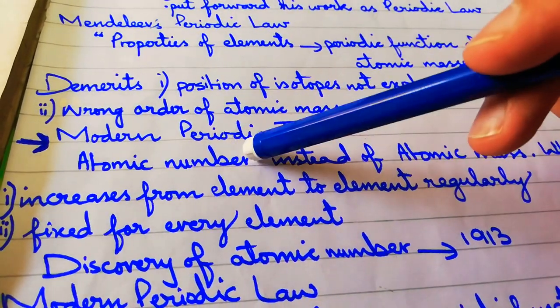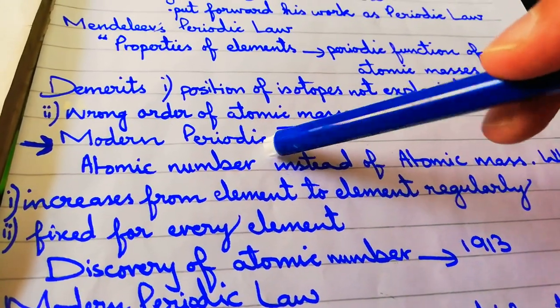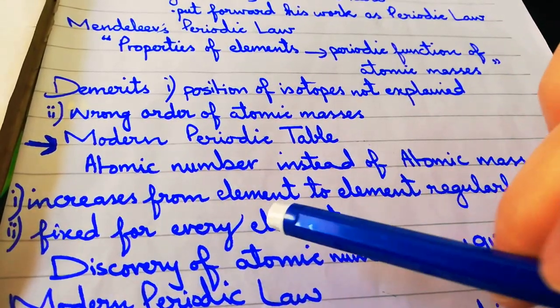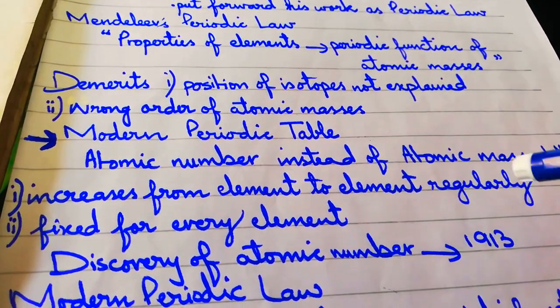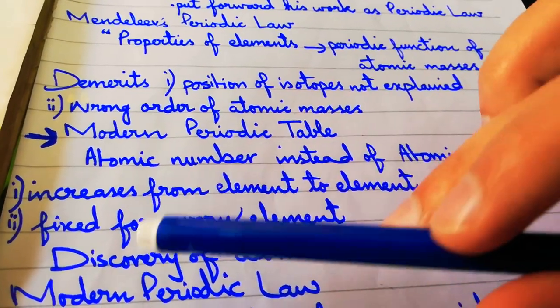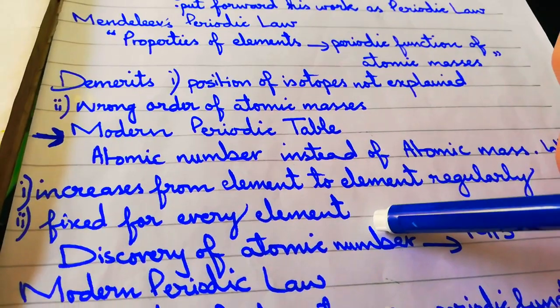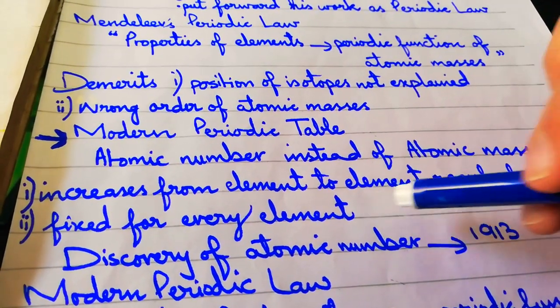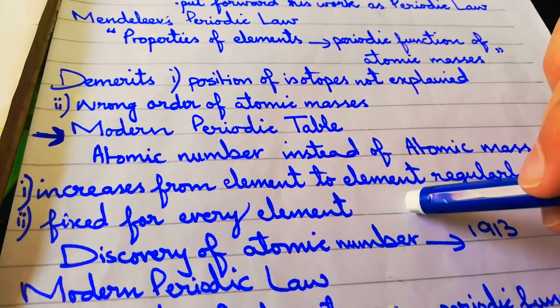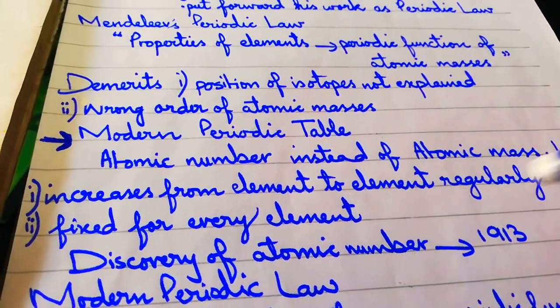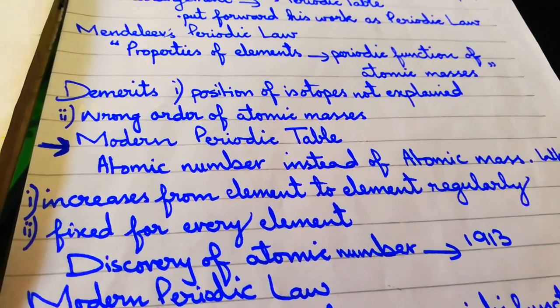And why is the atomic number more essential as compared to the atomic mass? Because the atomic number increases from element to element regularly, and it is fixed for every element. It means that if one element has atomic number 1, no other element will have that atomic number. So it becomes easier to arrange the elements according to the atomic number.